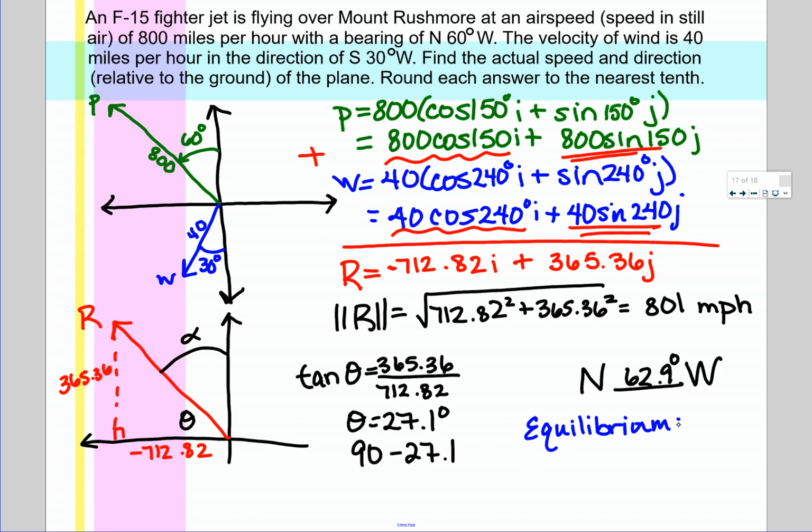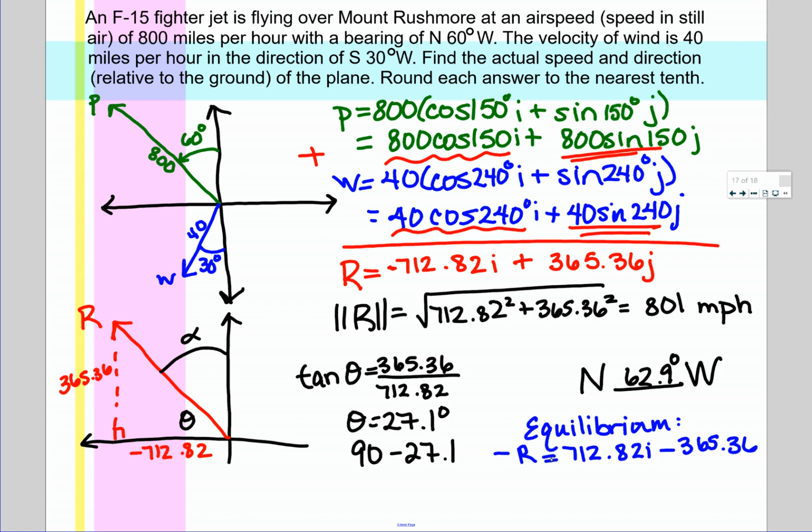Just the opposite, right? It's positive 712.82 and negative 365.36. So if you had a problem that says what vector can you add to all the other vectors to get equilibrium, to basically make the plane stand still, it would just be the opposite of your R. Okay, so just make a little note of that.